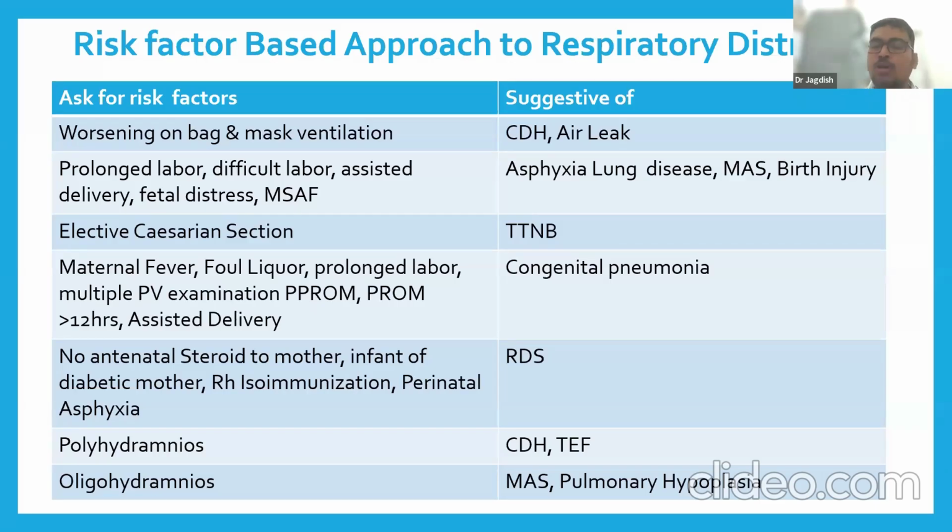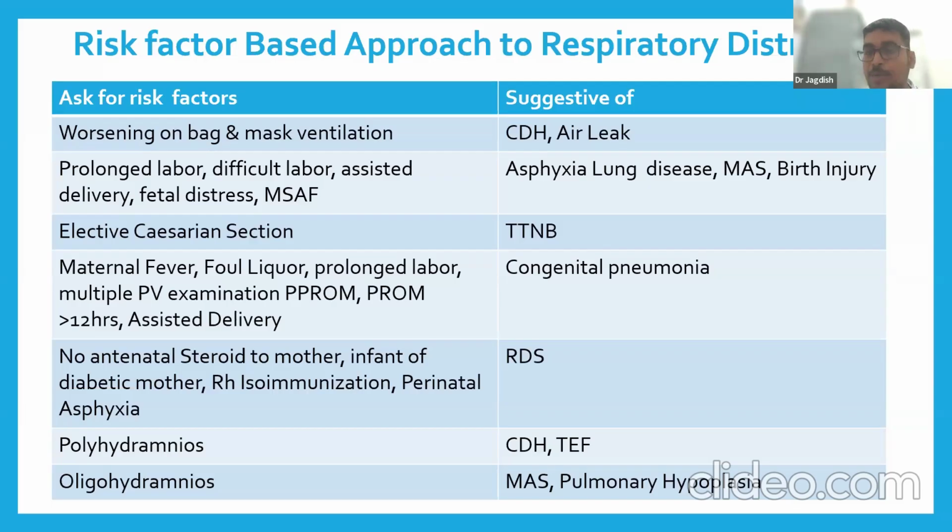If the mother has not received antenatal steroids, or premature delivery, incomplete dose of antenatal steroids, or a diabetic mother, we can think it is respiratory distress syndrome or hyaline membrane disease. If there is polyhydramnios in the antenatal USG, we can suspect some upper airway malformation like tracheoesophageal fistula or congenital diaphragmatic hernia.